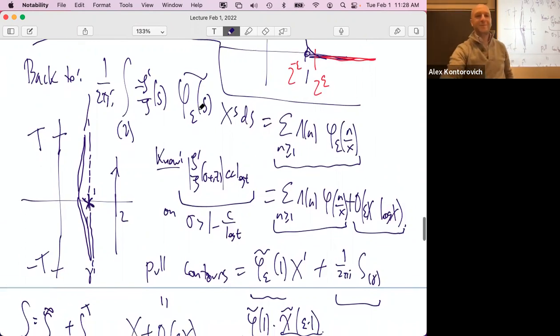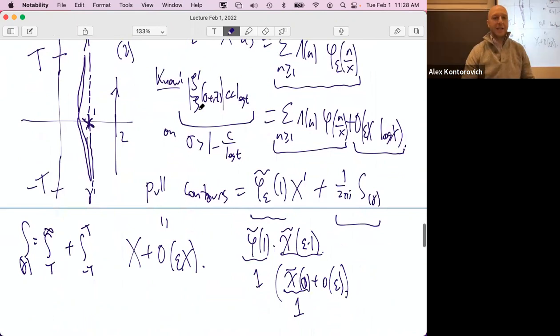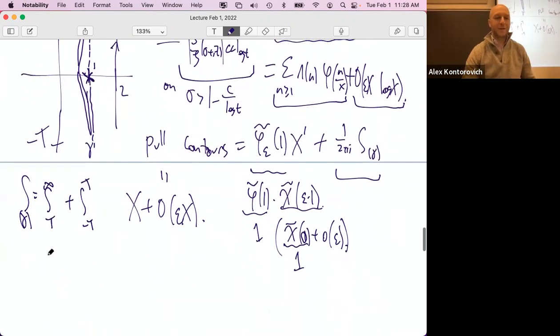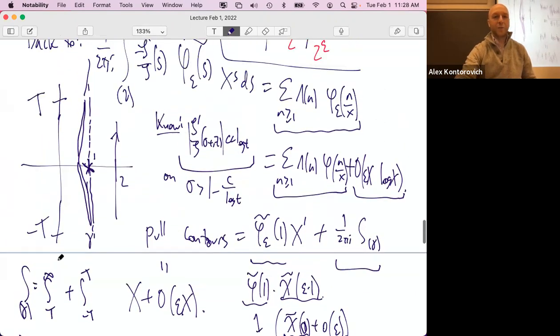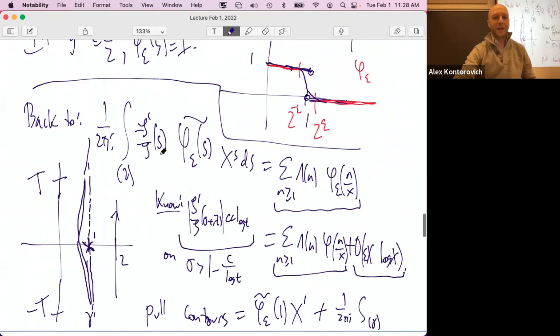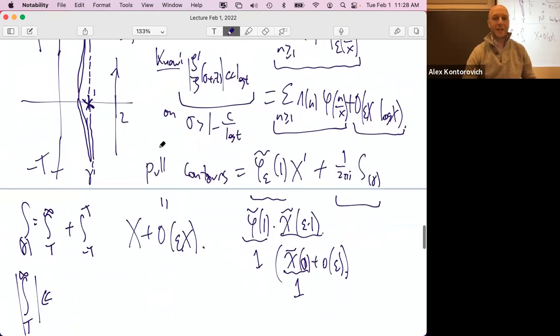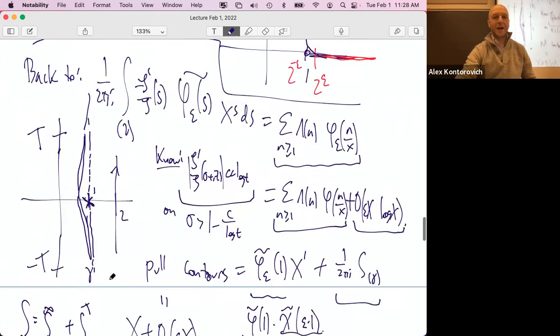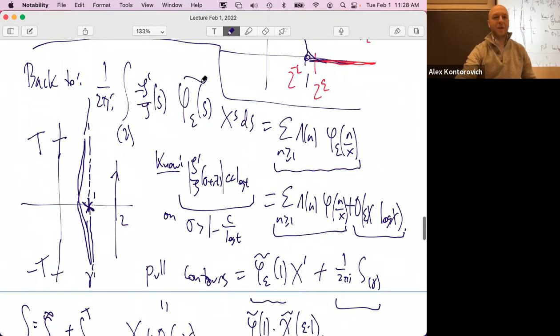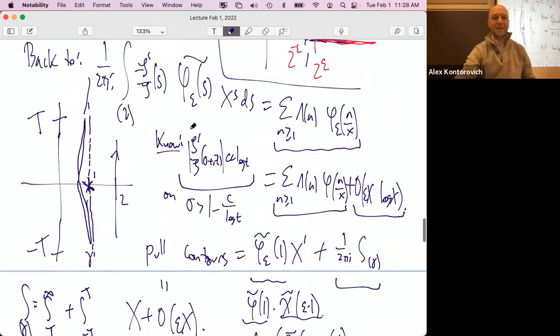All right, let's handle the integral from t to infinity. What can we bound this by? Zeta prime over zeta in this entire region is bounded by log t. What can I bound phi epsilon by?